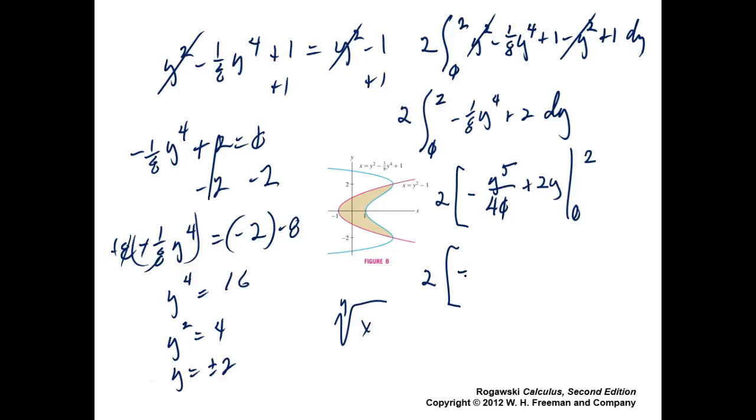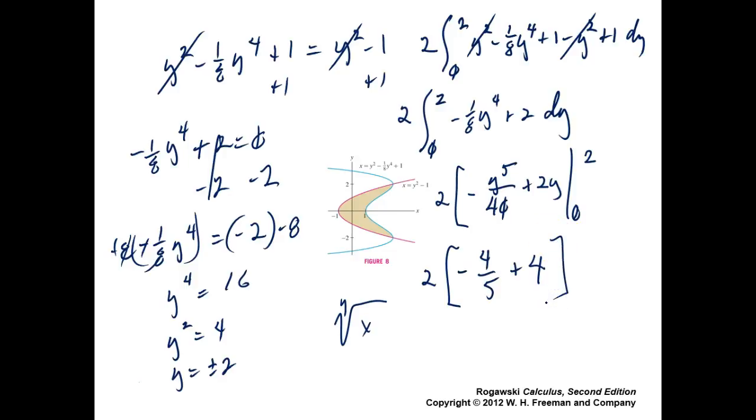Okay, let's do 2, 4, 8, 16, 32. Right? Okay. 32/40, which would be 4/5, right? Minus 4/5 plus 4, right?